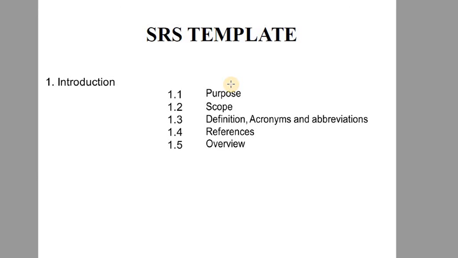So overall, it contains the information about the requirements. It plays a major role in the software engineering process because the quality of the design majorly depends on the SRS document. So SRS plays a crucial role in the software engineering process.